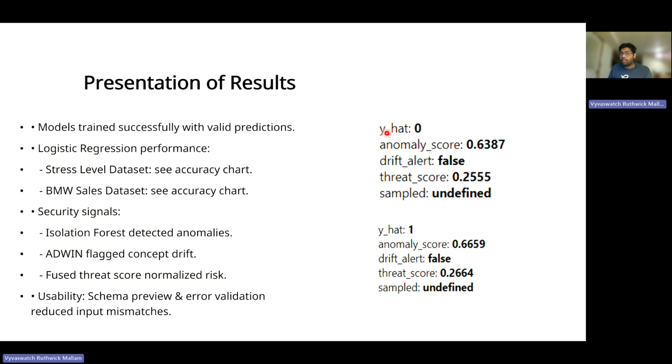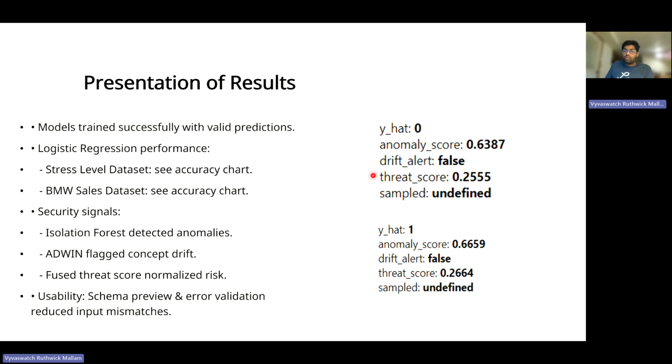So if we are predicting whether the BMW sales are high or low, let's say high is 1 and low is 0, so it gives out the predictive value according to the inputs given. And this I have already explained: since the data inputted is a little different, and is not supposed to be that way, the score is pretty high.